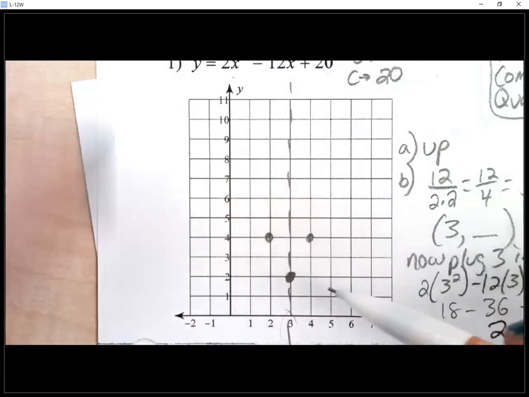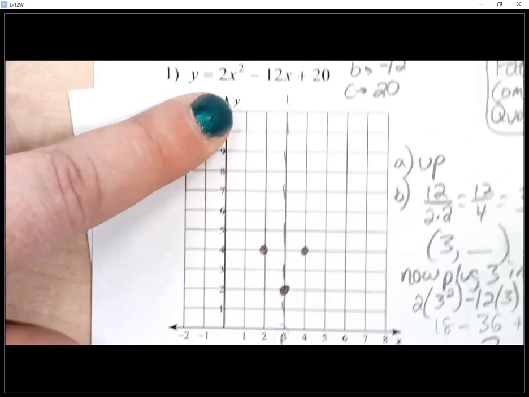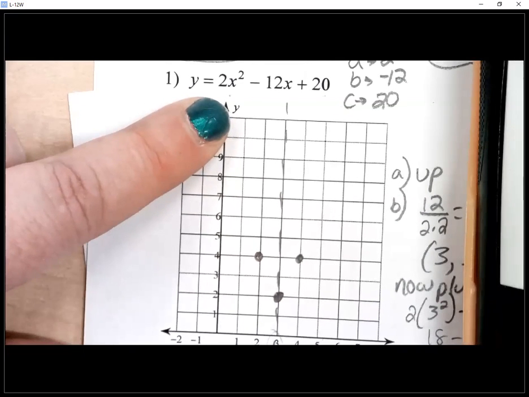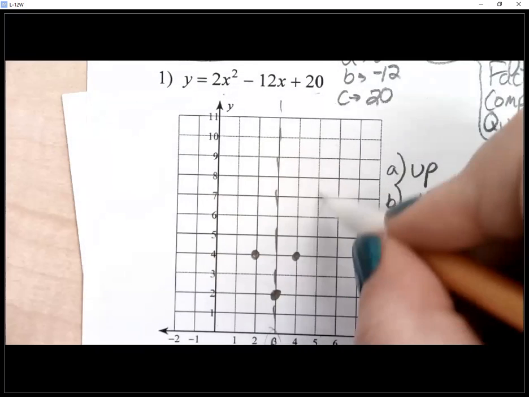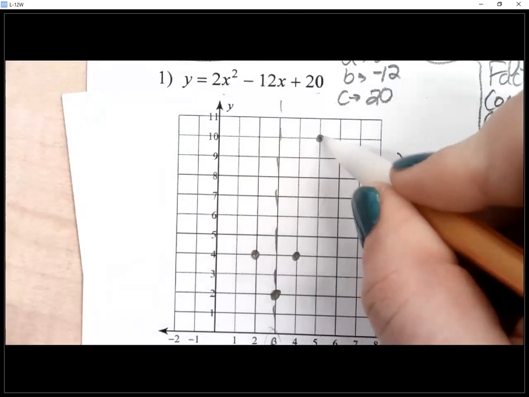So if I plug in 5 up in the original, that would be 2 times 25, which is 50, minus 12 times 5 is 60, plus 20. What does that get us? 10. So when I plug in 5, I'm getting out 10. But I did the work for this one. I get this one for free.